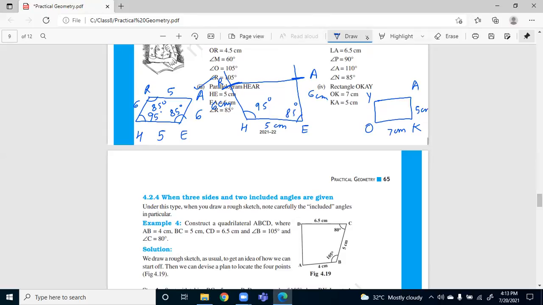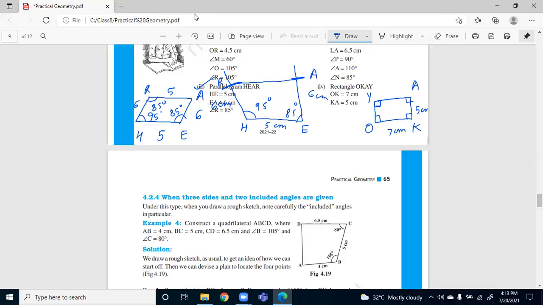So we know that the internal angle of a rectangle is 90 degrees. This is the hint which I have given to you for solving this question. So anyone who wants to tell me how to proceed further?